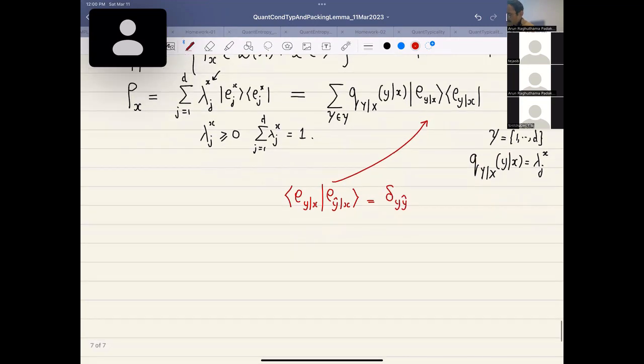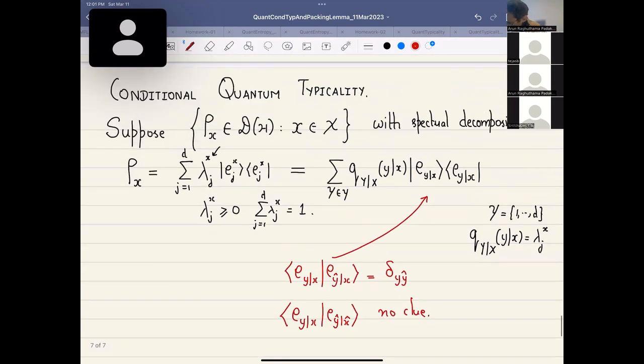But I can't say anything if I change my x. I cannot say anything about the inner product of e y given x with e y hat given x hat. I have no clue about this. So just keep that in mind. Suppose I have these density operators with spectral decomposition so and so.